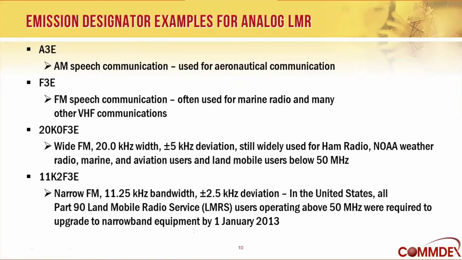So this is narrowband FM. This is still not digital. In the U.S., all Part 90 land mobile radio service users above 50 meg were required to upgrade to narrowband. So they could have done it analog or they could have done it digital.